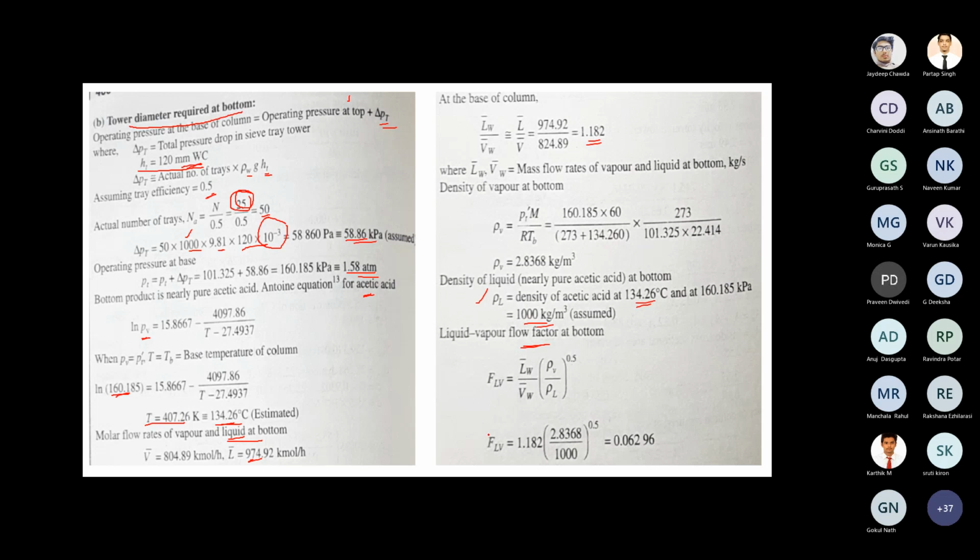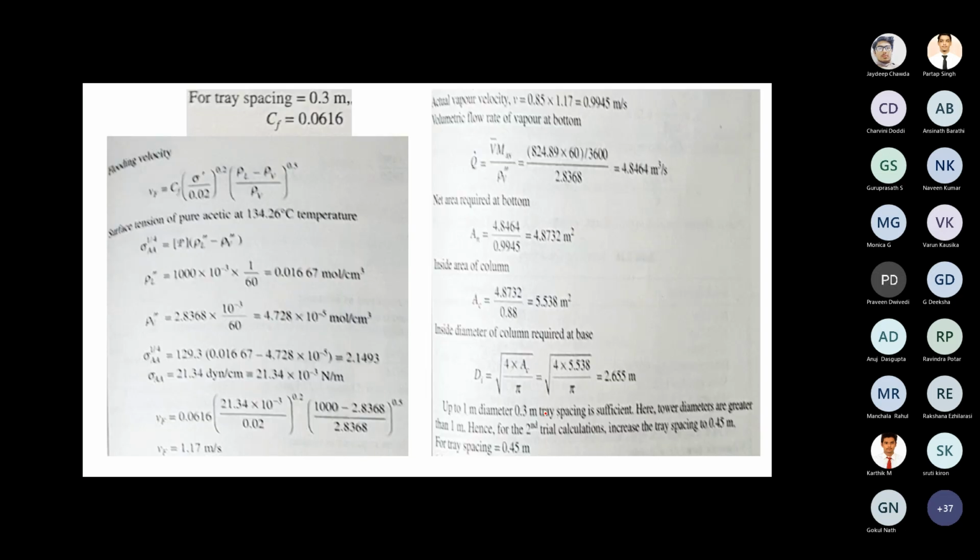So calculate FLV. Then for this FLV, for the selected tray spacing of 0.3, you can calculate the CF value.